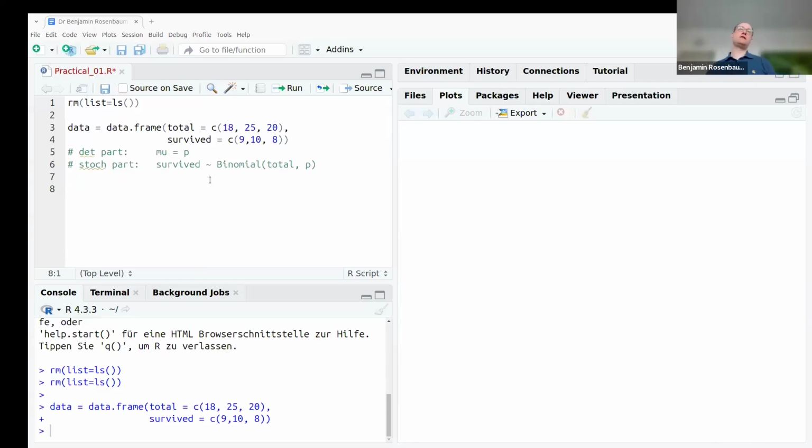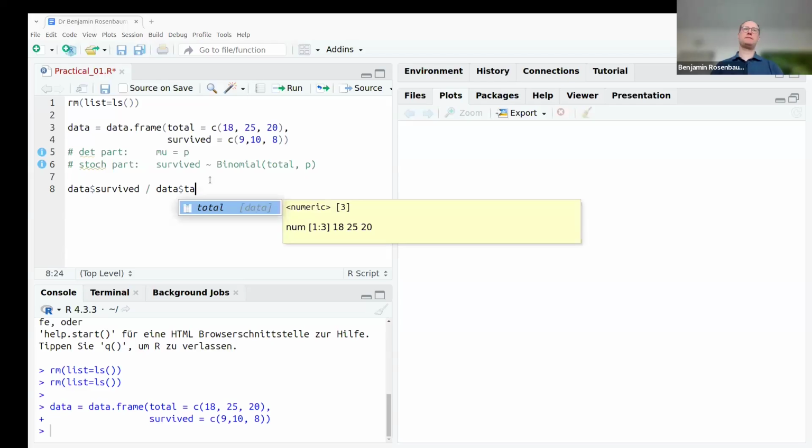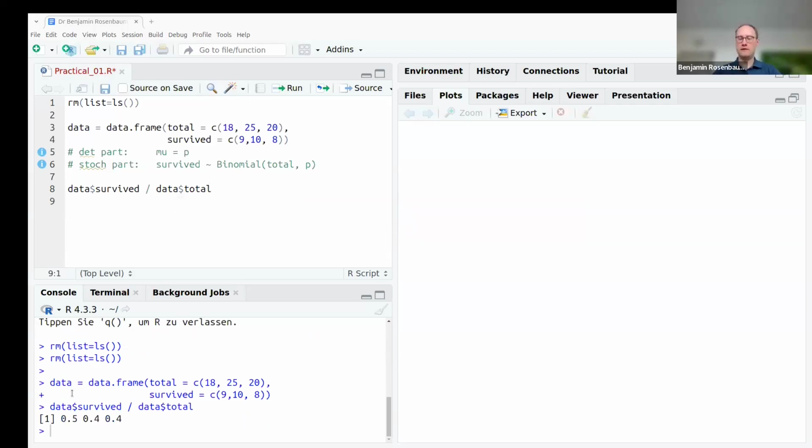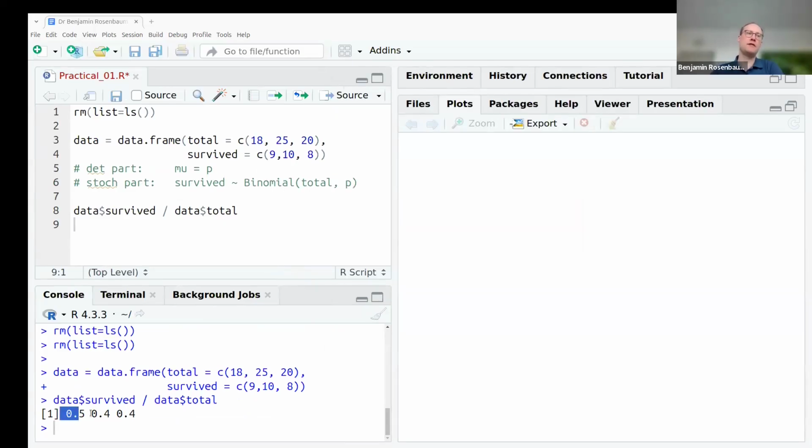Yeah, naively, you could say, okay, well, let's just calculate the mean survival rate in a very simple way. For instance, if we just say data survived divided by data total, then we get the percentage or the ratio of the survived in each habitat, right? So 3 habitats.